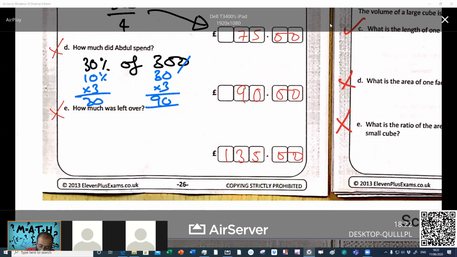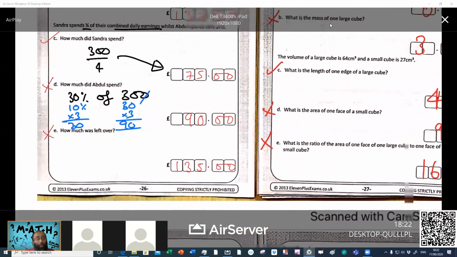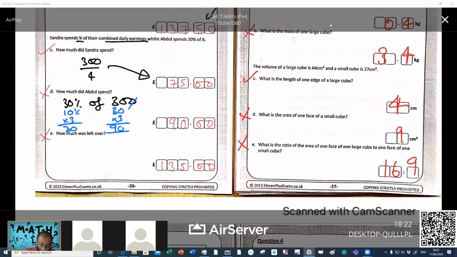The question says, how much was left over? So don't forget, we started with 300 first. The first person spent £75 and the next person spent £90. So what's the answer? 135, because 75 and 90 is 165. 300 take away 165 is 135. Fantastic, young man. Thank you very much.